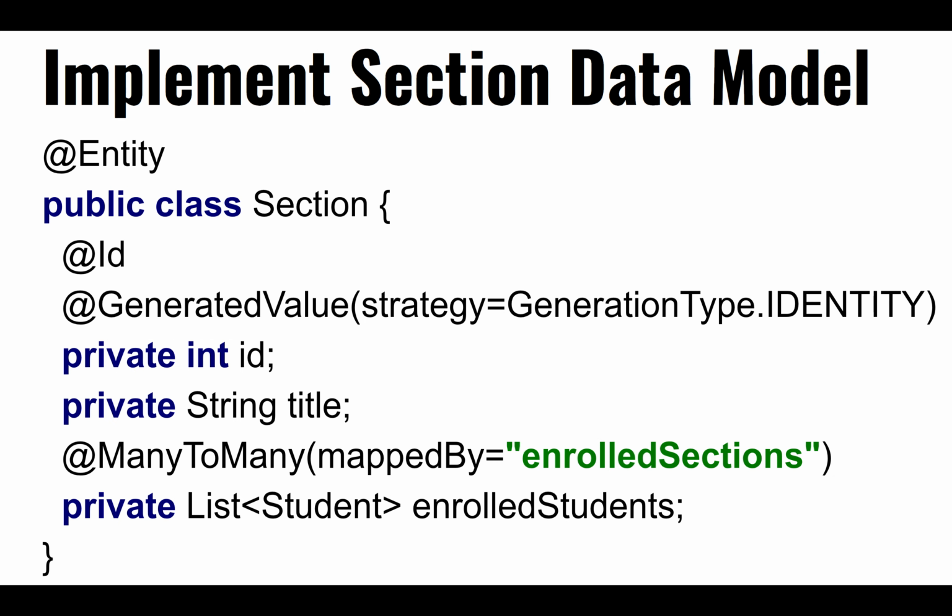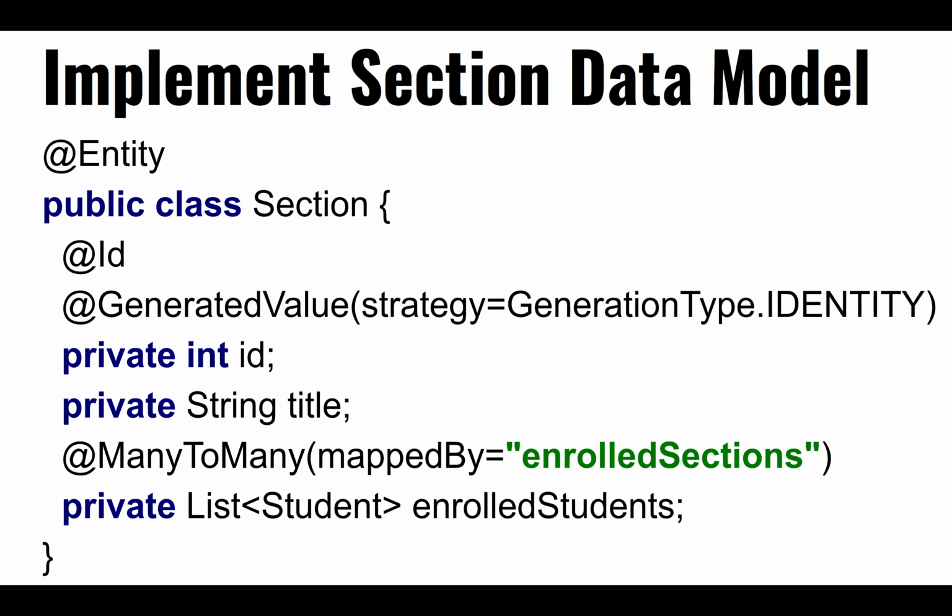Instead, the section would not have a list of students. Instead, it would have a list of enrollments, where you would implement an actual Java class, where the student would be in a one-to-many relationship, and the enrollment would be in a many-to-one with the student.